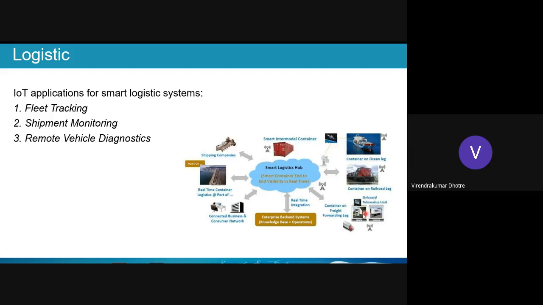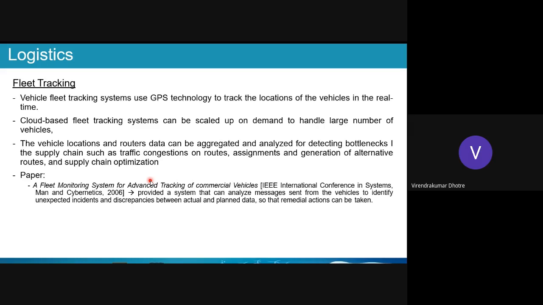GPS will provide 24 by 7 tracking of that shipment, whether it travels through sea, rail, or aeroplane. There will be a GPS device attached, and through GPS technology we can track from which point it started to travel and where it has reached. That is done by using this fleet tracking system.